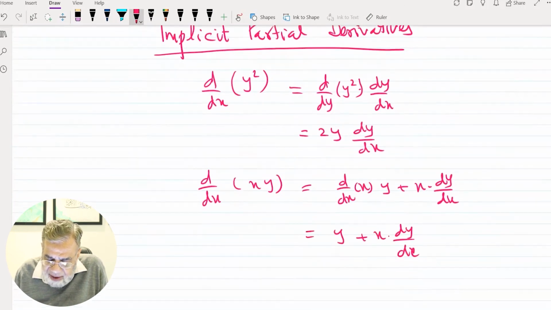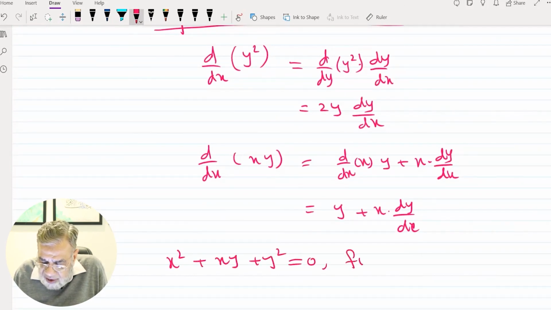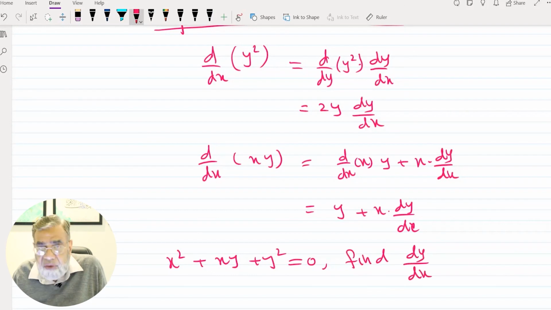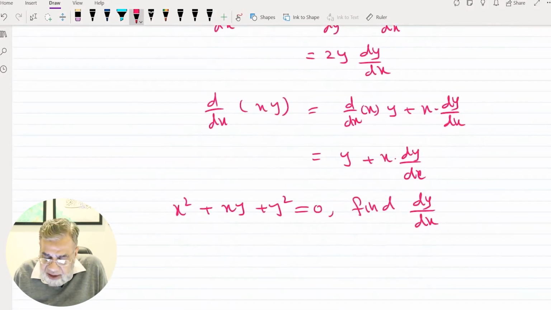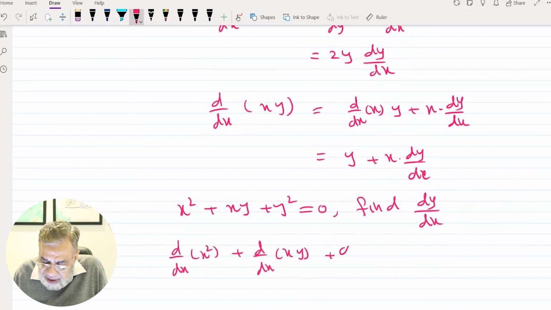For example, if I have the equation x square plus xy plus y square, a function of x and y, and this is equal to 0. I want to find here dy by dx. Now in this case, I do the implicit differentiation. I take the derivative of each of the terms. I get d by dx of x square plus d by dx of xy plus d by dx of y square is equal to 0.